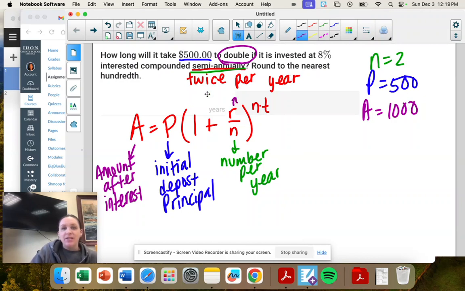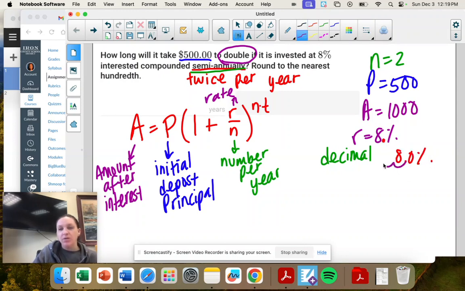Okay, r is the interest rate, and it's 8%, but we have to write that as a decimal, not a percentage. So remember, your rate is a decimal. To get that, we take the decimal place, right now it's 8.0%, and we move it back twice and fill in the gap with a 0.